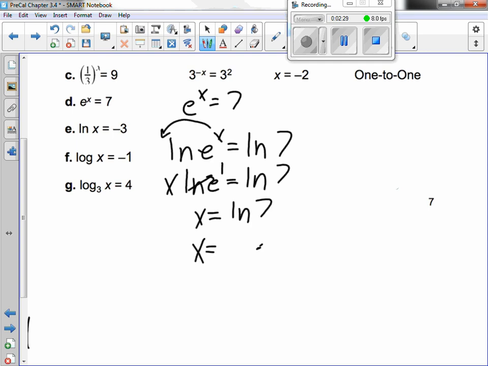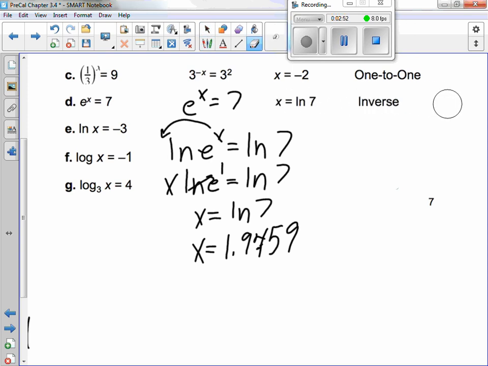Plug it in. If we want to find the exact value, x equals ln of 7, that's what we would do. Questions on this here?